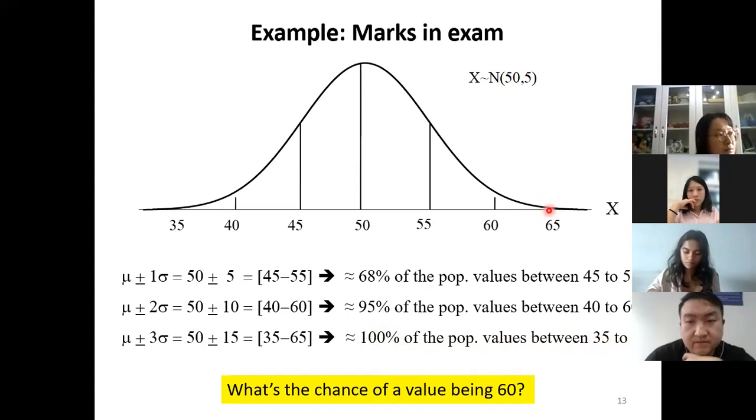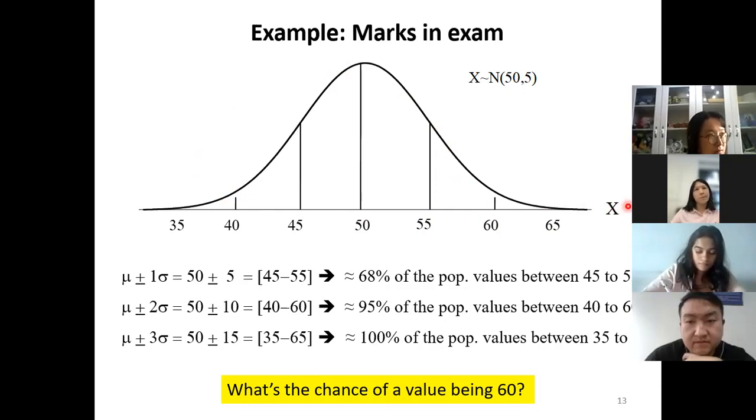So where's 80? 80 is somewhere here, to the extreme, outside the curve, isn't it? They all fall here, 100%. So the chance of 80 is 0, almost 0.